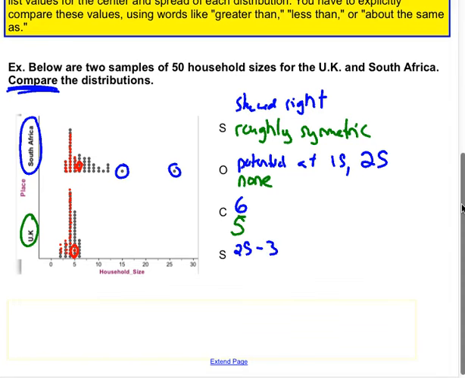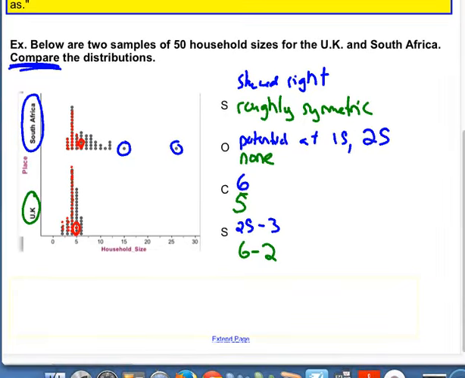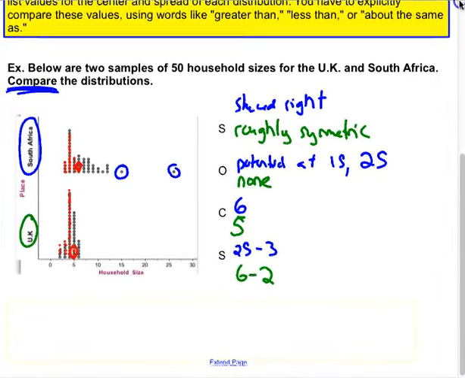And the UK is going just from 6 to 3. Or down to 2, sorry. It's a tiny graph, so sometimes it's hard to read. All right, so there we have it. We have all of our scratch work done. So now let's start diving into the actual comparison.